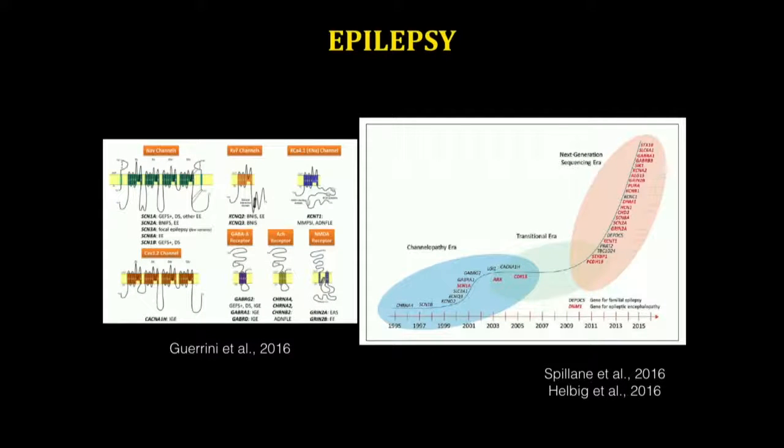Now, epilepsy. As is possible to see in the slide on the right, you see here the discovery of genes for epilepsy. This is a schematic which represents what has been going on in terms of discovery from 1995, the first gene, to 2016 here.